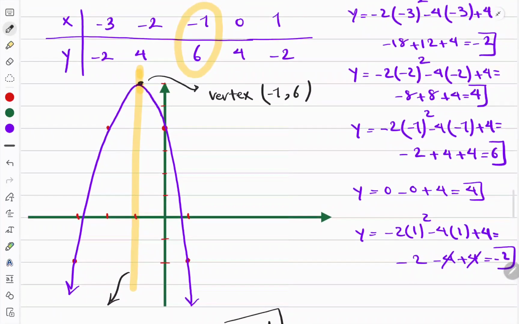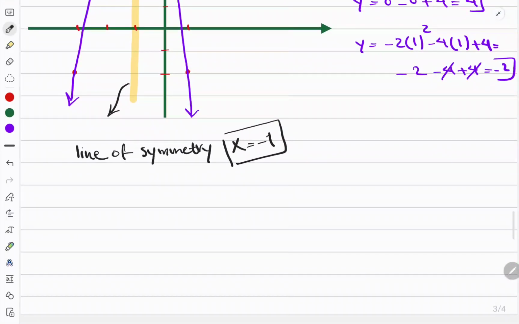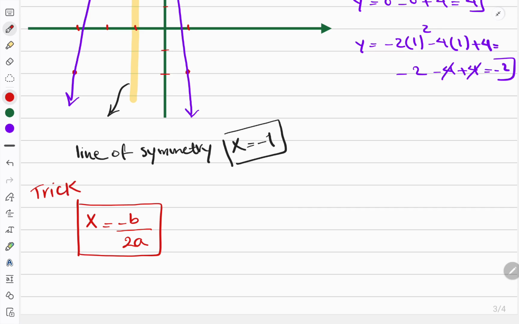And another thing, yeah, we can calculate the equation, in fact, the x coordinate of the vertex using this formula. X is -b over 2a. This is a trick. It helps you to find the equation of line of symmetry without graphing this function.